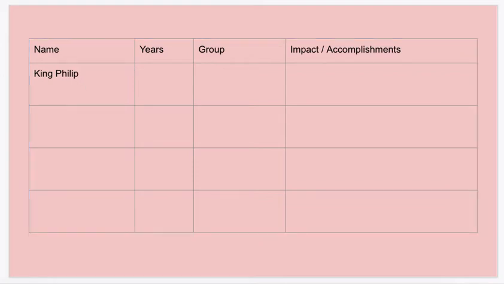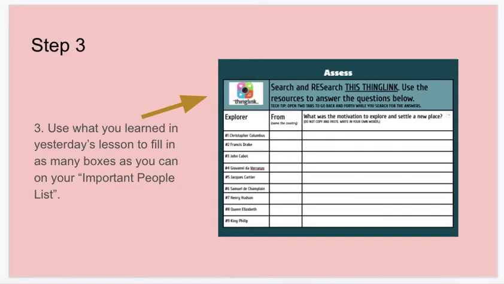Once you have those 9 important people added to your table or your important people list, you are going to use what you learned in yesterday's lesson to fill in as many of the boxes as you can on the important people list. Yesterday, you filled out this table for your lesson. This focused on where these people were from and what their motivation was for exploring and settling.